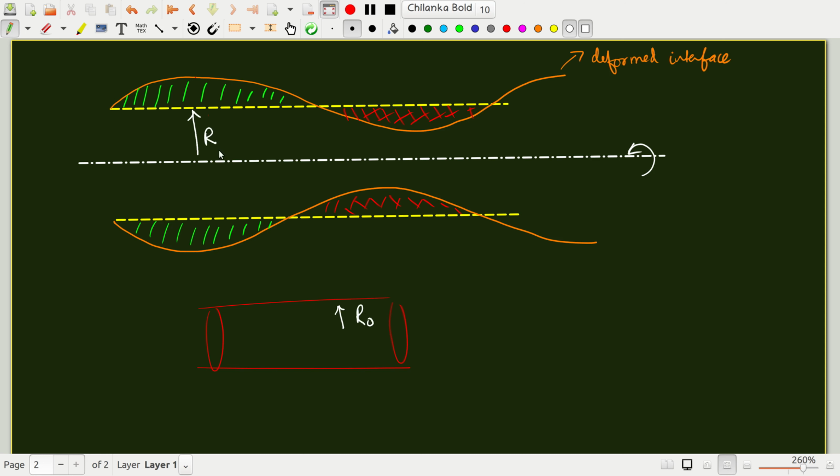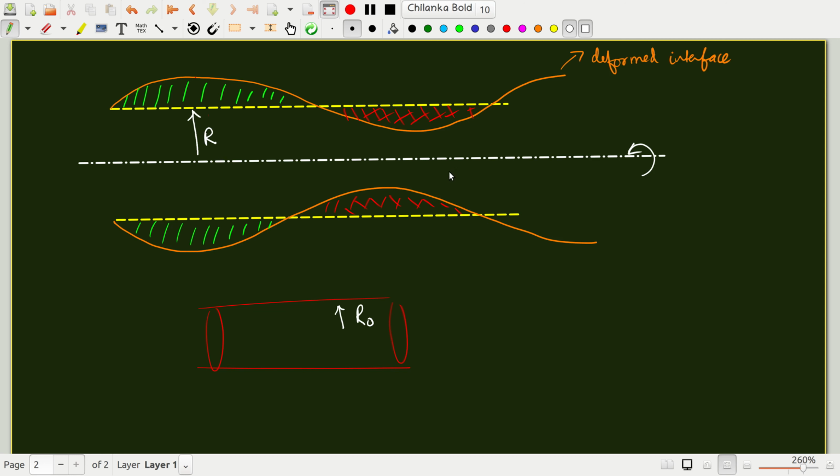This r cannot be the same as r0, because if I perturb around r0, then the volume of the resultant thing will be more than the original cylinder. So for volume conservation to be obeyed, you require that the mean position of this straight interface about which things are perturbed should be slightly smaller.